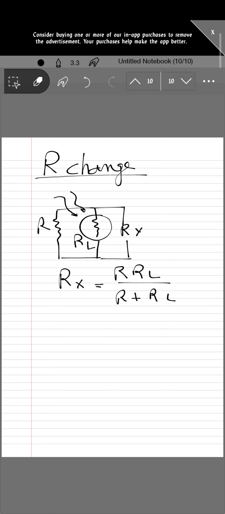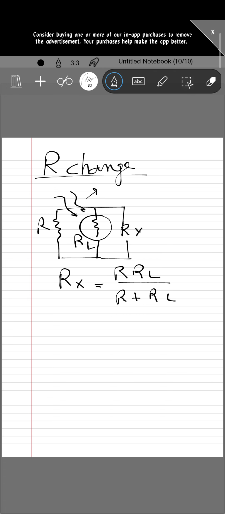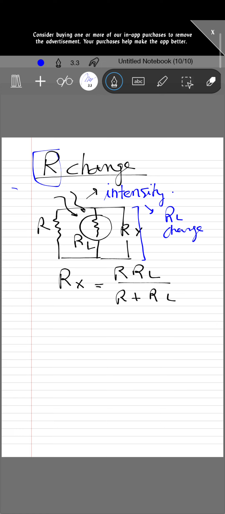You can see that with the intensity of light, RL changes, and with this change the total circuit will experience a change in resistance. So this corresponds to the first application.